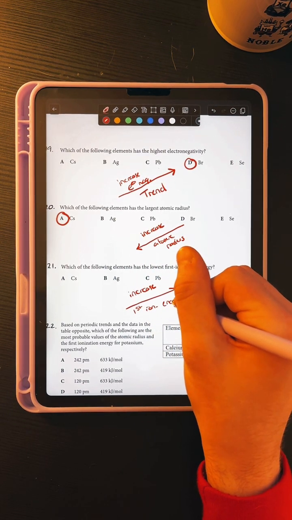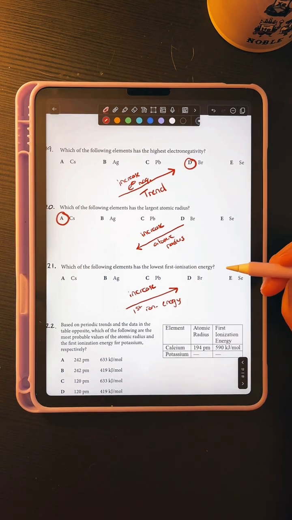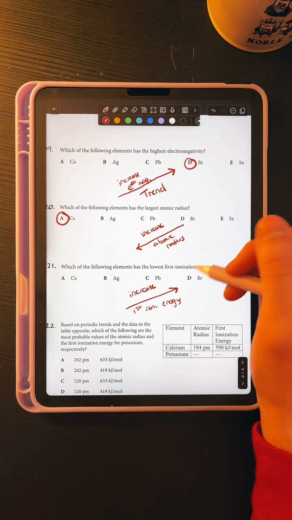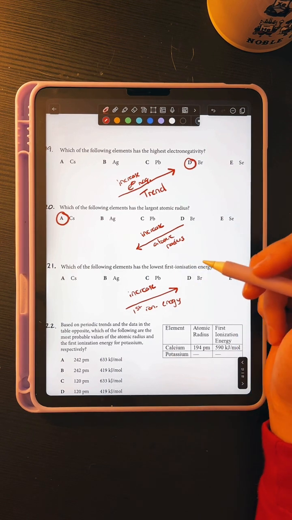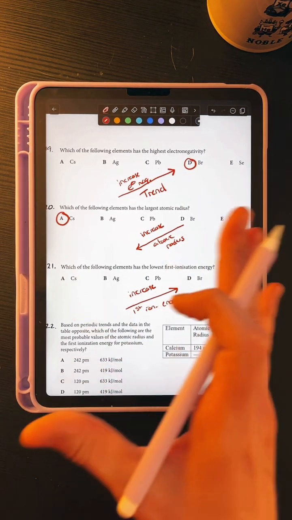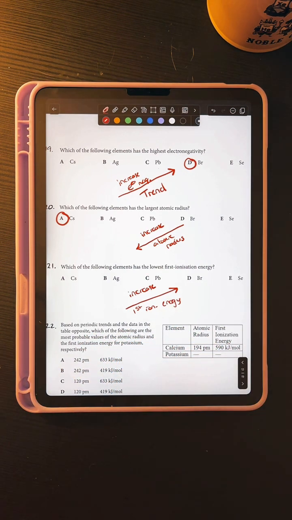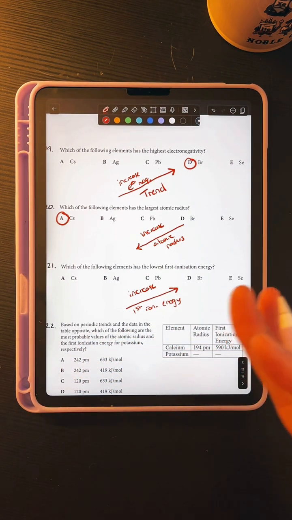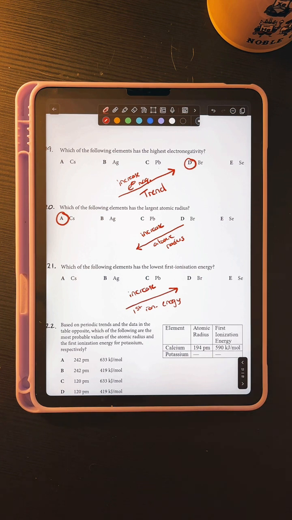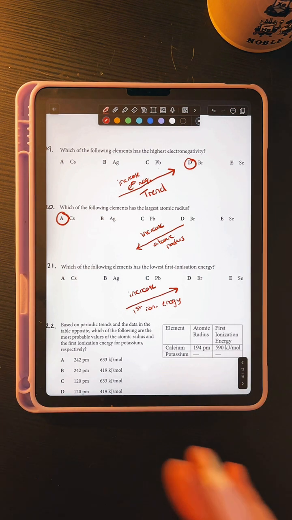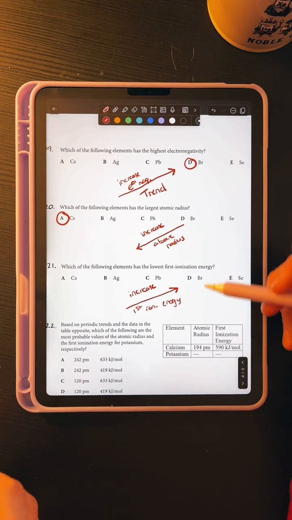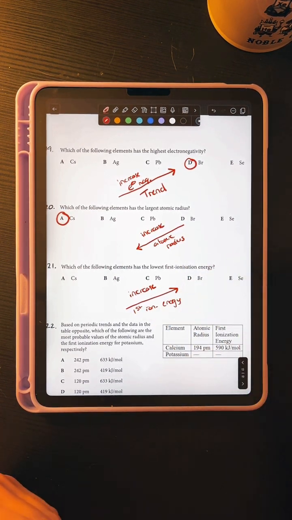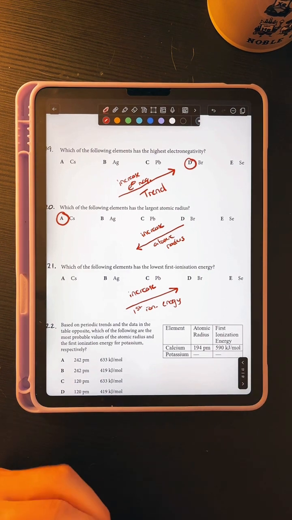Ionization energy is the energy you need to put into something to get rid of an electron or to put an electron in. So it's the energy needed to either become a +1 or a -1 charge. So the first ionization energy increases as you go from the bottom left to the top right.